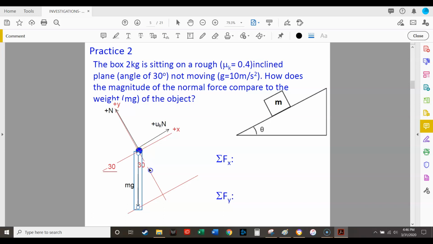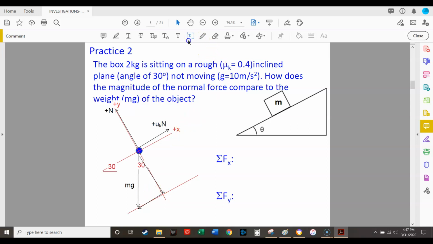This part of the triangle is pointing down, and we're going to have another part of the triangle pointed to the left. So mg, the hypotenuse, is pointing down in the negative y direction and also down the ramp in the negative x direction.